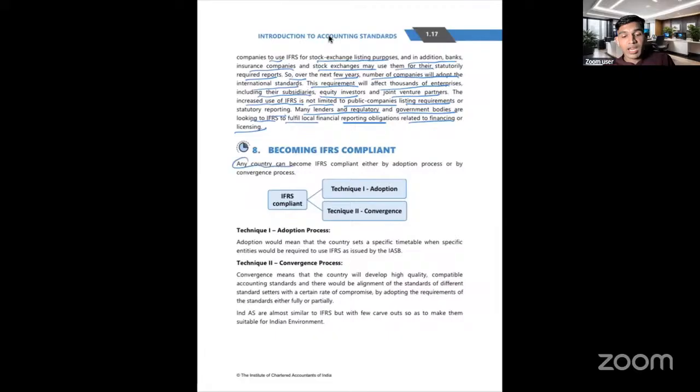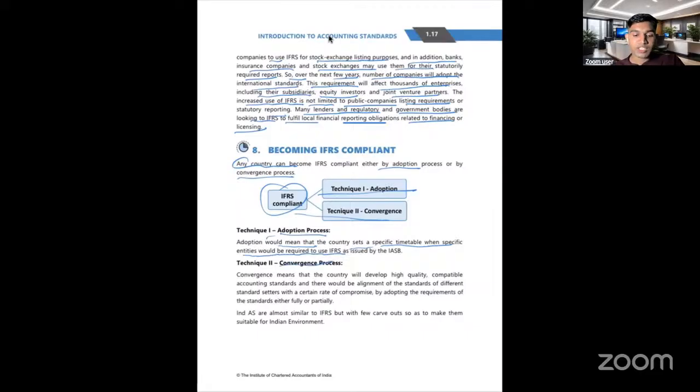Any country can become IFRS compliant either by the adoption process or by the convergence process. Technique 1, by adoption; Technique 2, by convergence. Technique 1, adoption process: adoption would mean that the country sets a specific timetable when specific entities would be required to use IFRS as issued by the IASB.